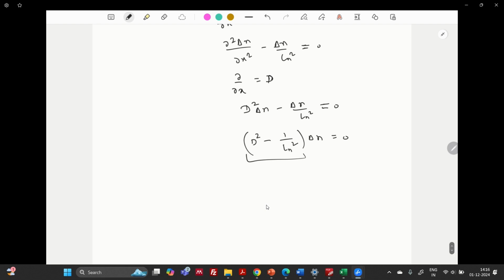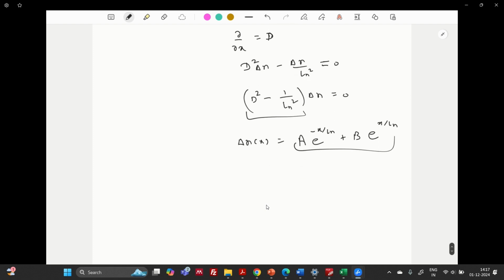The solution is going to be delta n as a function of x equal to A into e to the power minus x by Ln plus B into e to the power plus x by Ln. Yeah, that's what we used to get. So there will be two solutions, plus 1 by Ln and minus 1 by Ln, and then you can have a solution like this.